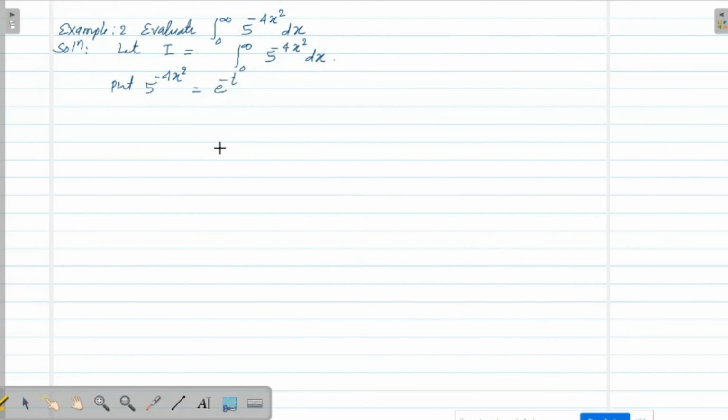Okay. So these are the bad powers. If there is a bad power, then what do I have to do? We will take the log. So taking log on both sides, log 5 raised to minus 4x square equals log e raised to minus t. Just simplify this.